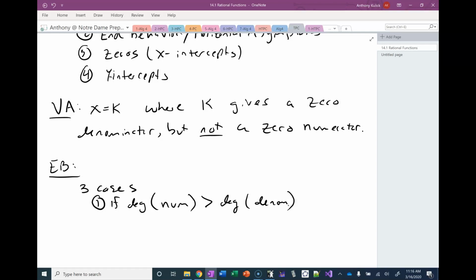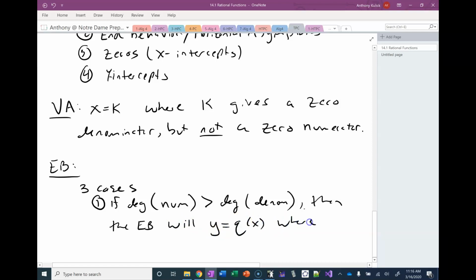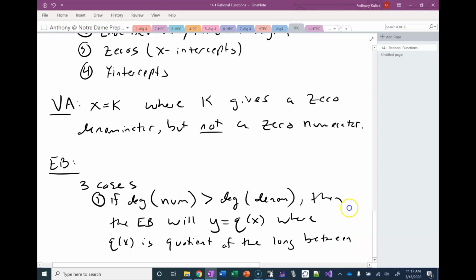Then the end behavior, again, I'm abbreviating end behavior with EB, will be y equals q of x, where q of x is the quotient of the long division between numerator and denominator.